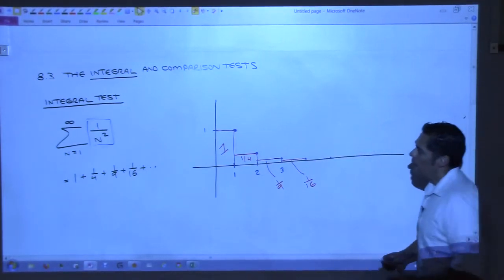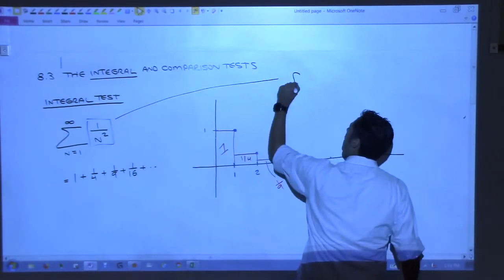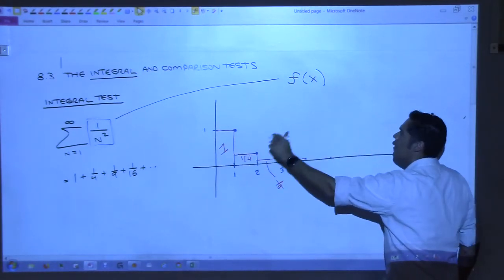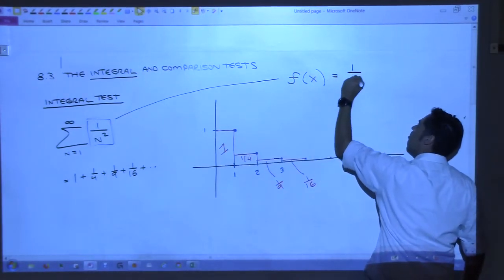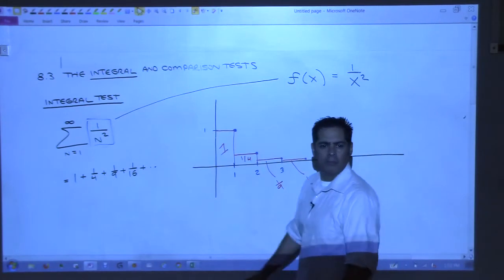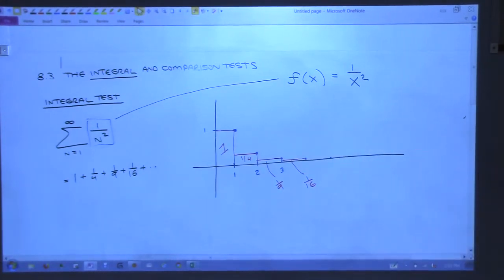Now, I'd like us to consider the function of x, not the sequence, okay? The function of x, 1 over x squared, instead of 1 over n squared. If I asked you to graph that up here, I've got a green over here maybe. This green might work.